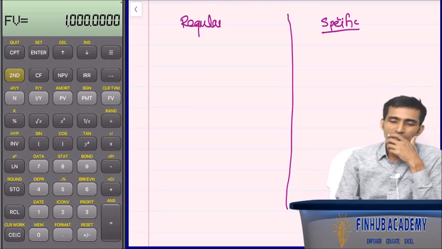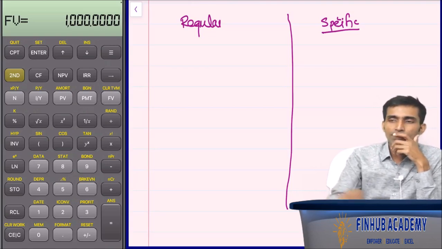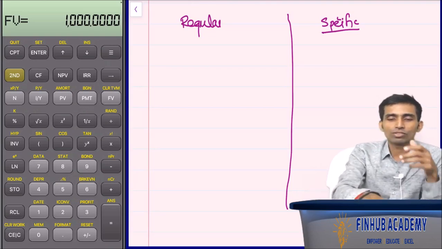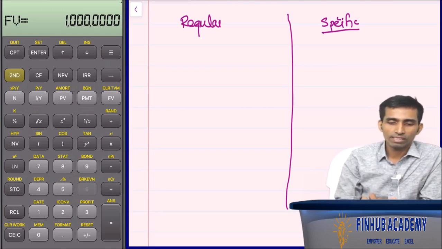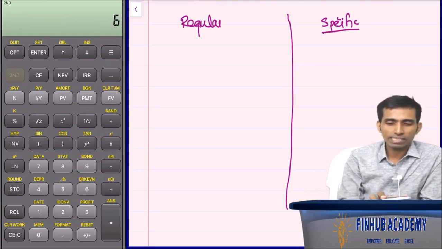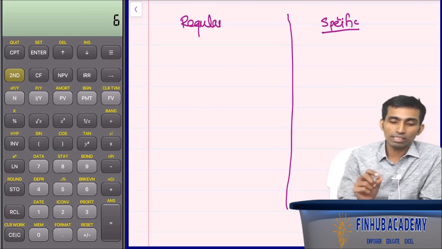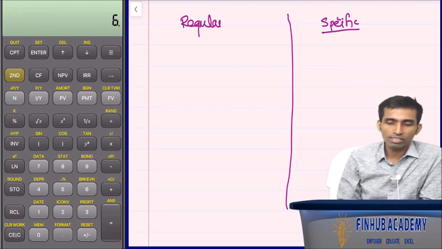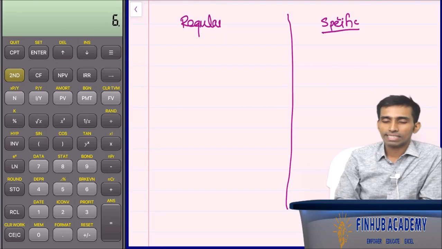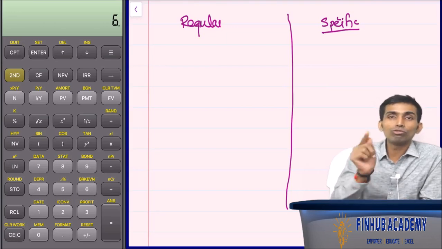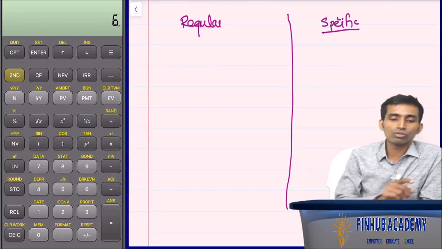Okay, and if you see, there are some special functions also. In this calci, if you see, the second button is yellow, right? And everywhere above the buttons, something is written in yellow, like above this decimal, see what is written? Format. So format is in yellow. To use that yellow key, you should use the key second, right?